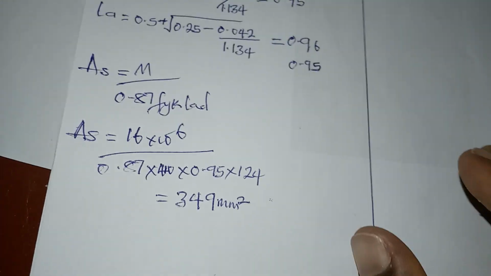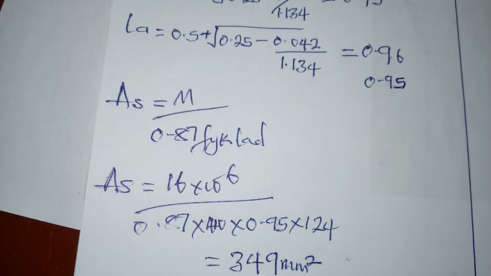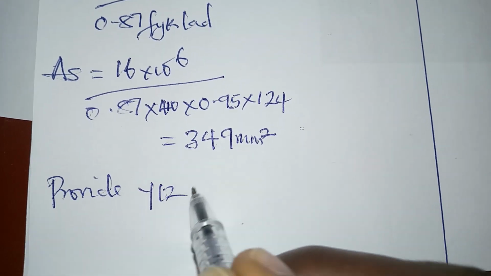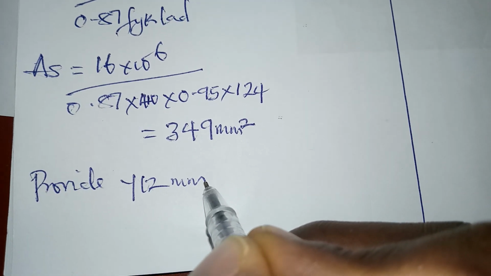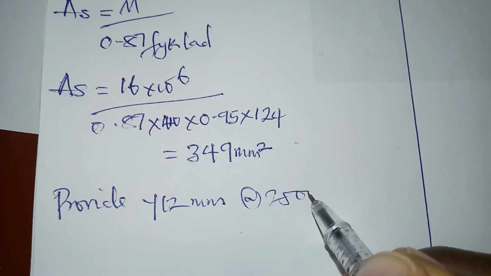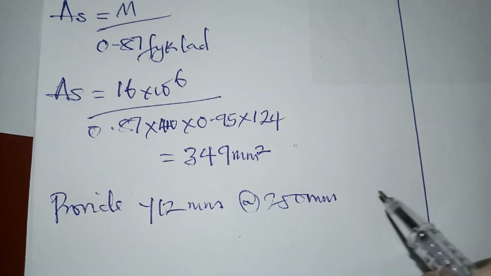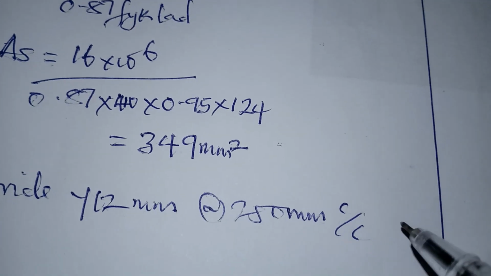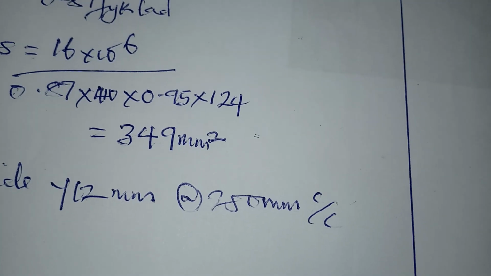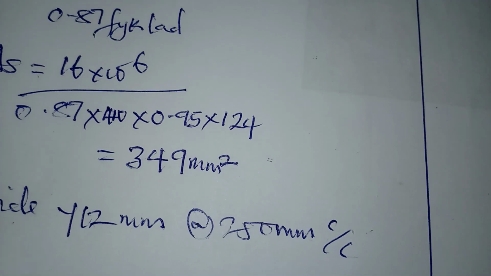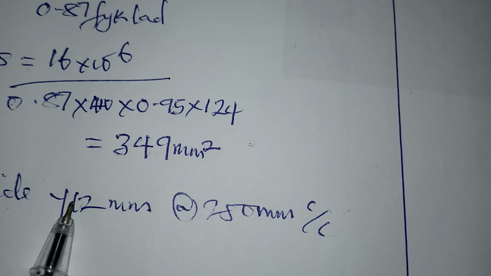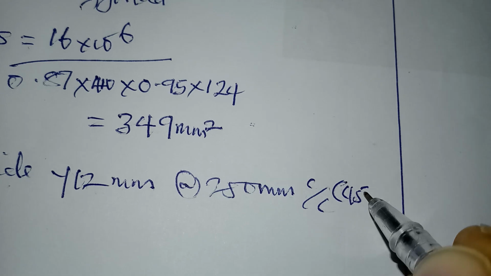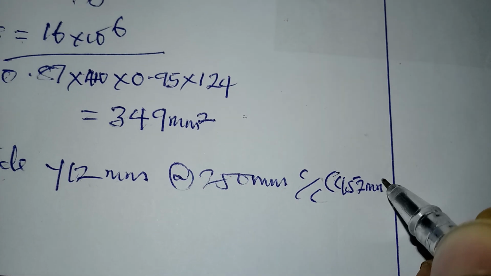So we can safely provide a spacing of 275 mm for this particular calculation. So we can say provide Y12 mm at 250 millimeter center to center at the center, and from the table the row under which this comes about is 452 millimeter square.